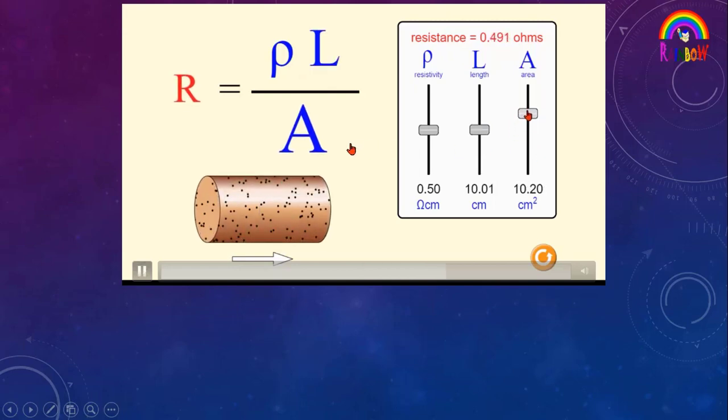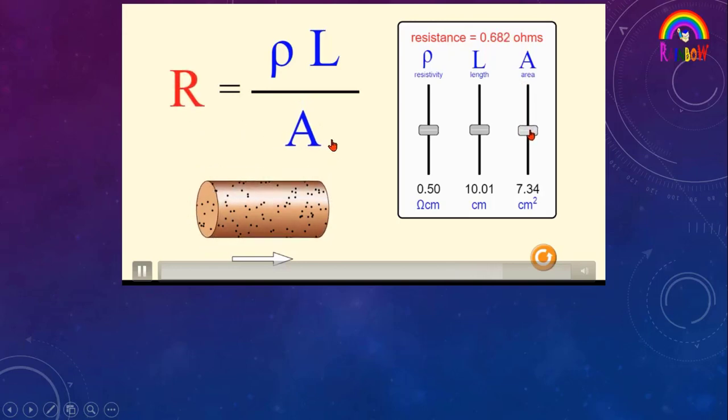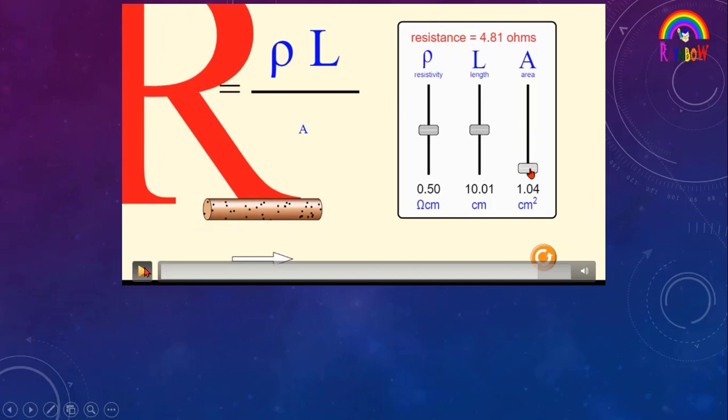Also observe, if I increase the area of cross section, the resistance decreases, and if I reduce the area of cross section, the resistance increases. Thus, resistance of a conductor is inversely proportional to the area of cross section.